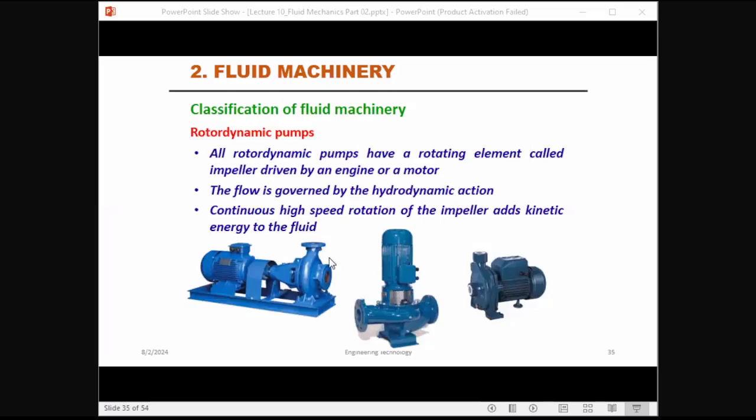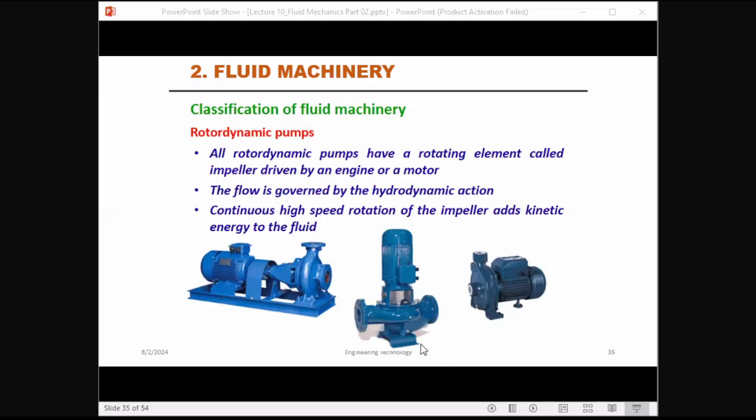Here you can see a centrifugal pump. This part is the motor and this is the impeller. Here you can see a casing, and inside the casing you can see the impeller part. This impeller is coupled with this motor.